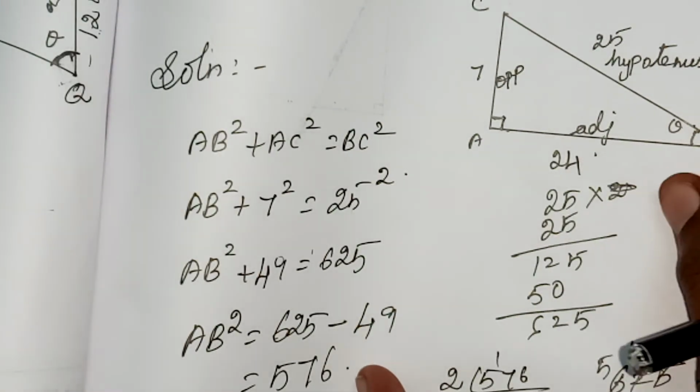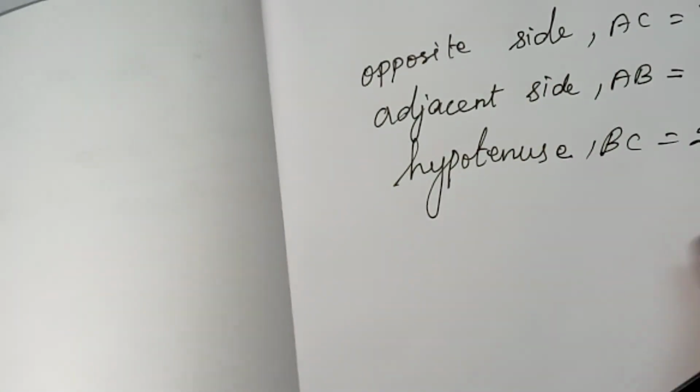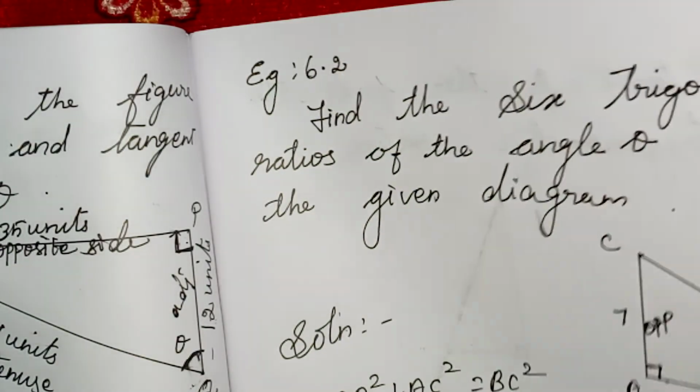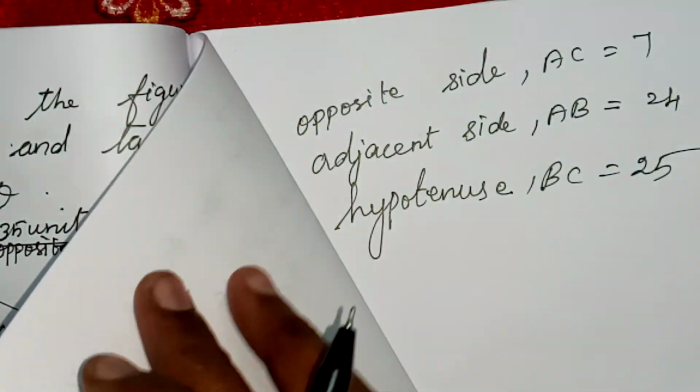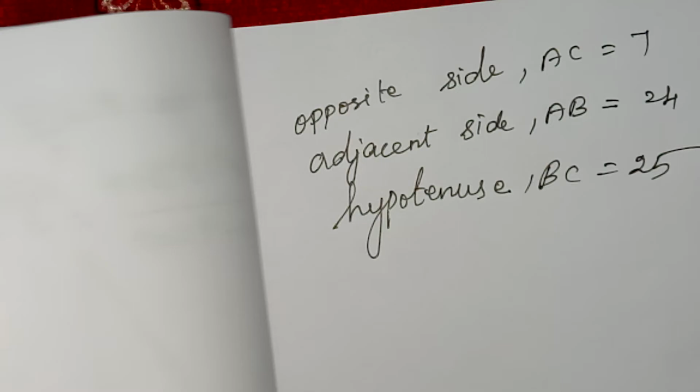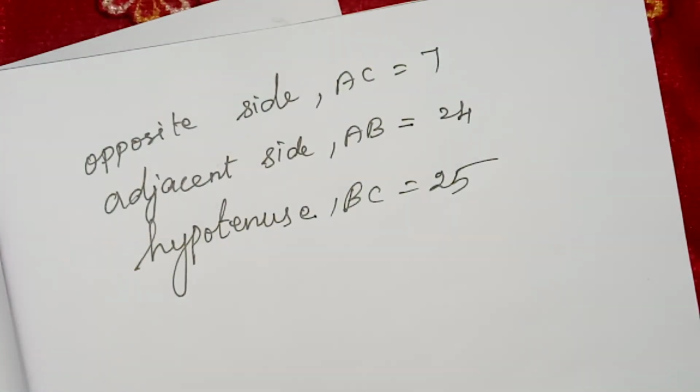Listen students, from this diagram I have written opposite side AC is equal to 7, adjacent side is 24, hypotenuse is 25. Using this measurement we are going to find the 6 trigonometric ratios.